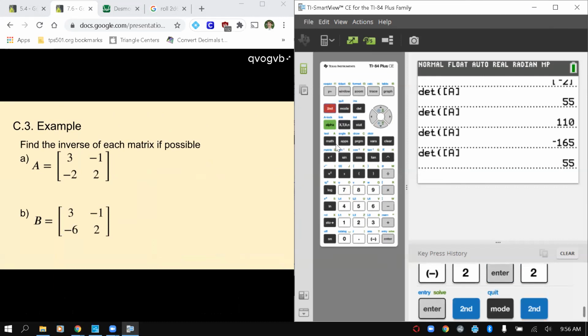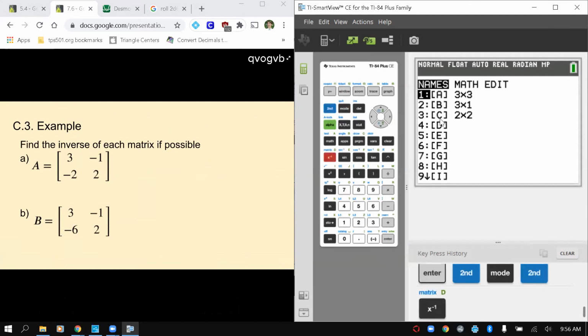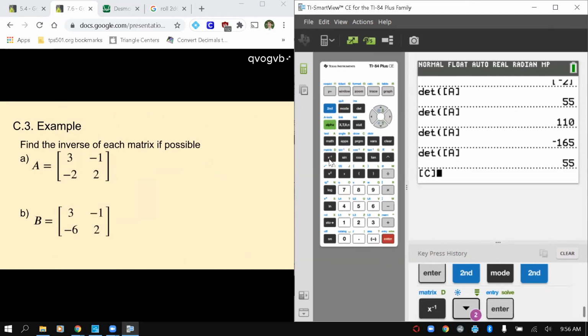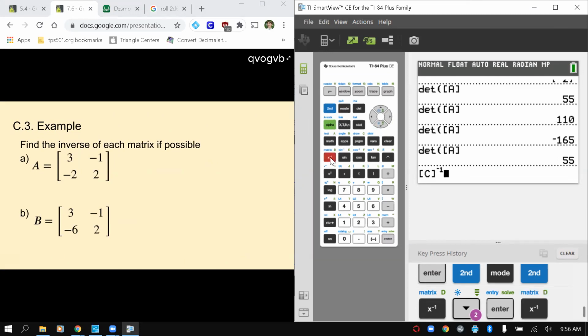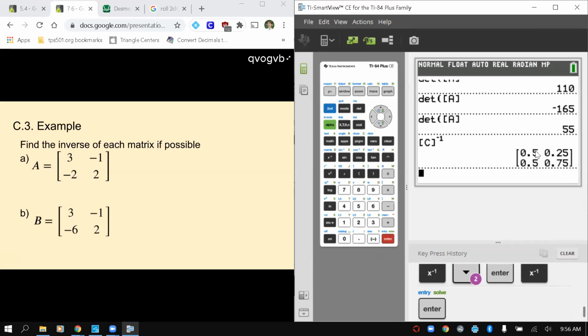If I go into second matrix and I grab matrix C, I can take its inverse by pressing that same key we've been using this whole time. I'm just not going to hit the second. I actually want x to the -1 power. So I just click that. Enter. A half, a quarter, a half, 3/4. Like that.